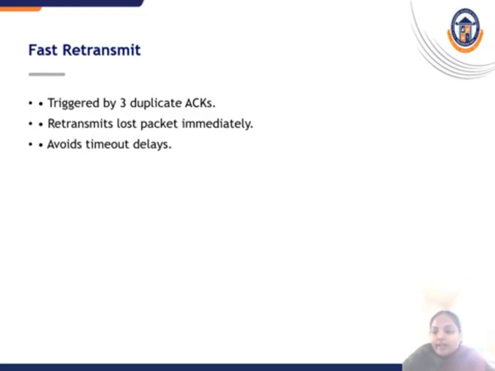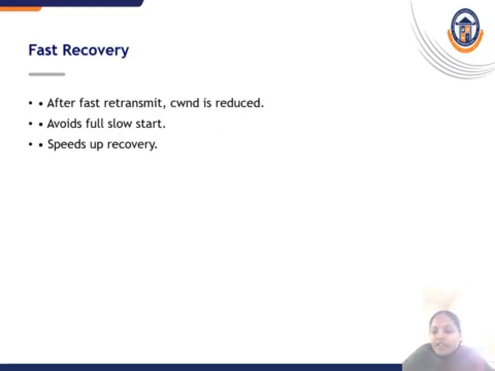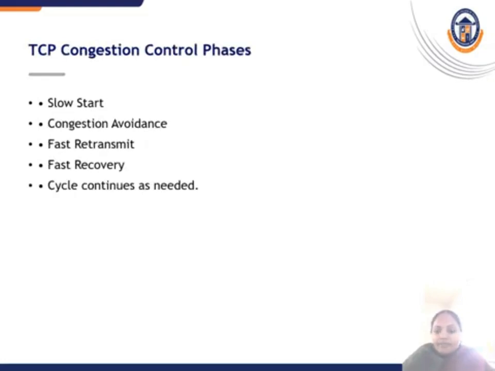The fast recovery: TCP cuts the congestion window by half instead of starting from 1. It sets ssthresh to half of the congestion window. It temporarily inflates the congestion window to keep the pipeline full and avoid stalling. It returns to congestion avoidance after the recovery. This mechanism helps maintain higher throughput and reduce idle time.